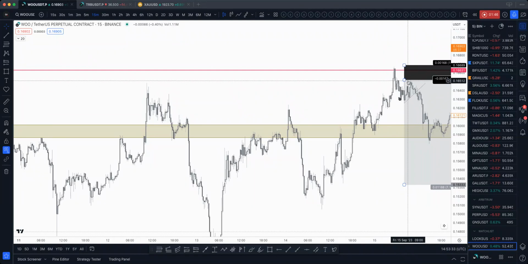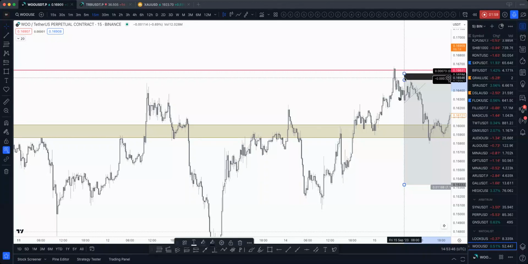So we took this. As soon as I saw the breakdown, I moved the sell to break even, basically to my entry, because as you see, this one cleared the local highs here.